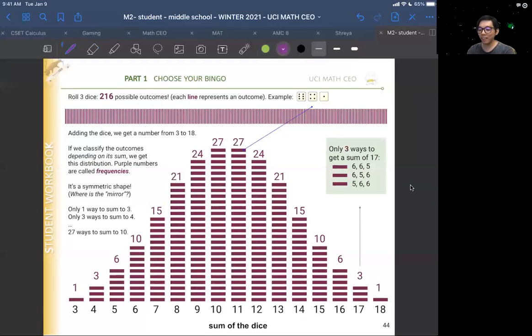Also, what Randy suggests is to connect the dots of the bar graph and make it into the normal curve like this. And we can ask students, what does this graph look like? An answer that we wanna hear is a bell curve.